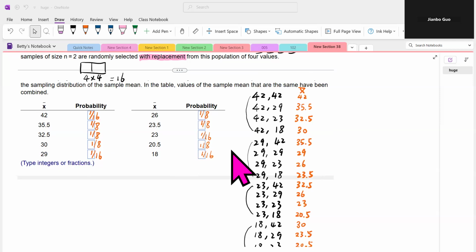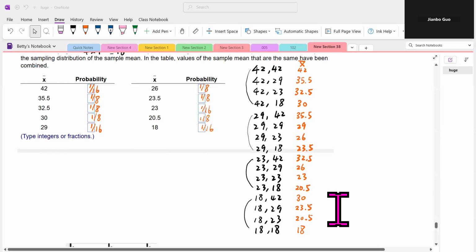Similarly, we can find the probability for the other means. So 32.5 appears twice. 2 over 16 is 1 over 8. And 30 also appears twice. So the probability for x bar equals 30 is 1 over 8 as well.